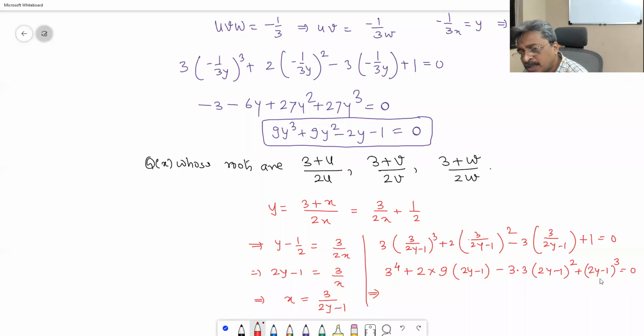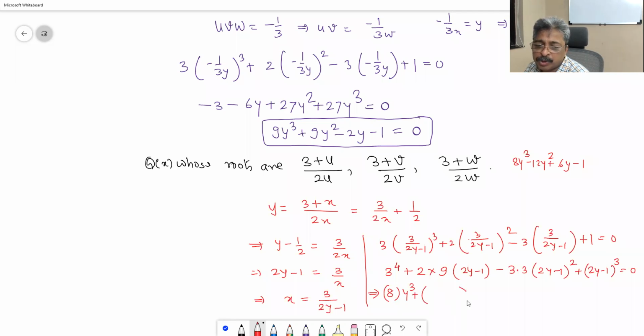This is the most difficult stuff, so maybe I will write it here. 8y cube minus 12y square plus 6y minus 1. That is what is expansion of that. Therefore, what is the coefficient of y cube? It is 8.